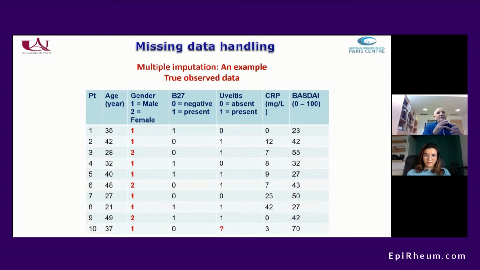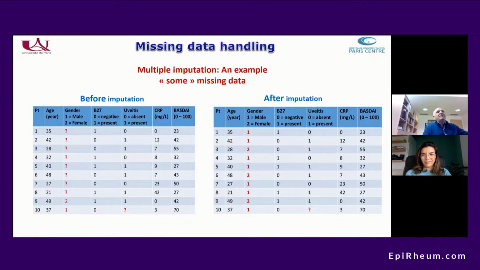And then there is a technique, very easy to use with the software, which is called multiple imputation. That is, considering all the other information I have for this patient, but also for the other patients, I can estimate the missing value. That is what we call multiple imputation. So I will give you an example. Imagine that for the gender, you have 8 missing data.